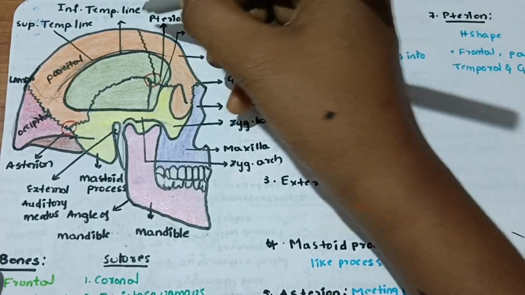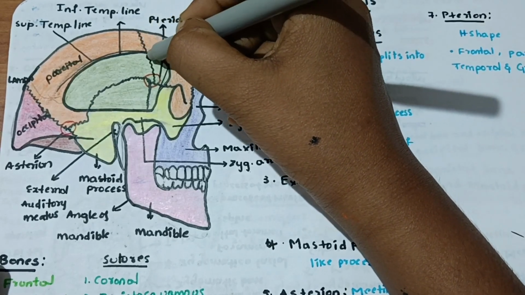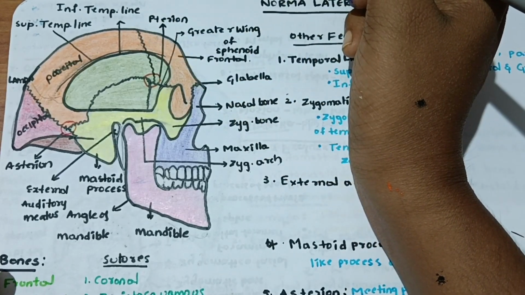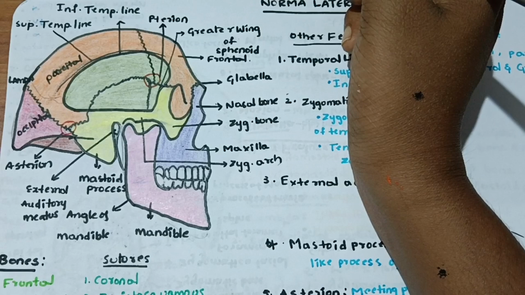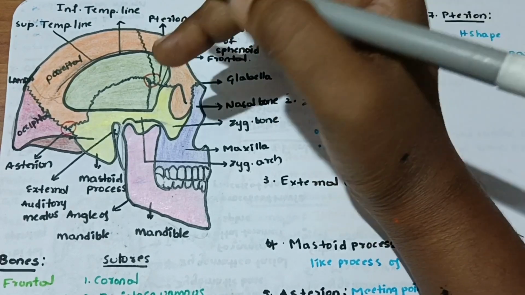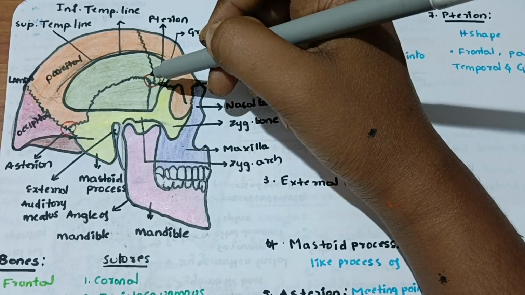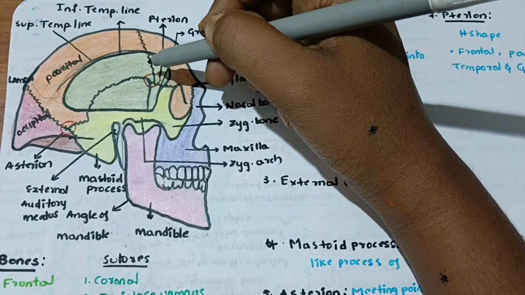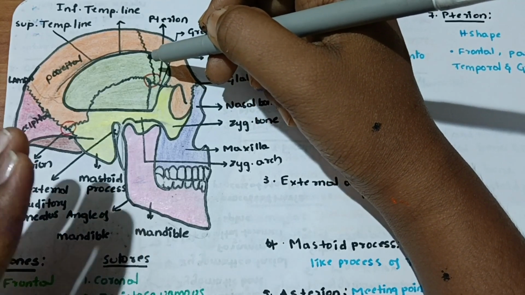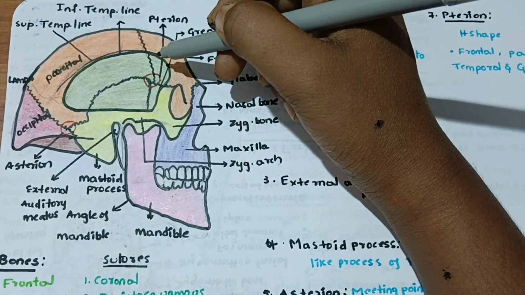The main sutures are the lateral part of the coronal suture. Where is the coronal suture passing? It is passing from one side of the temporal region to the other side of the temporal region, connecting two parietal bones with the frontal bone.